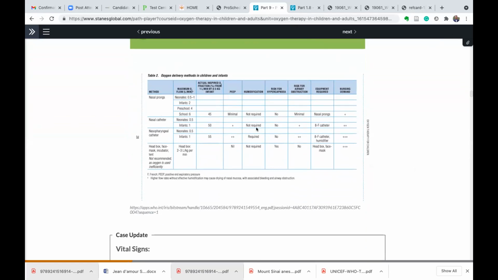Okay, Gabriel is saying he will use a nasal cannula. How much? It seems like Gabriel is thinking 70 liters per minute. I will ask Jean-Paul to talk about the maximum oxygen you can give by nasal cannula.